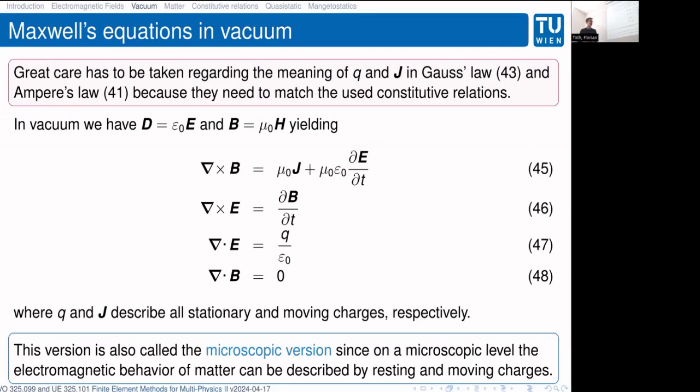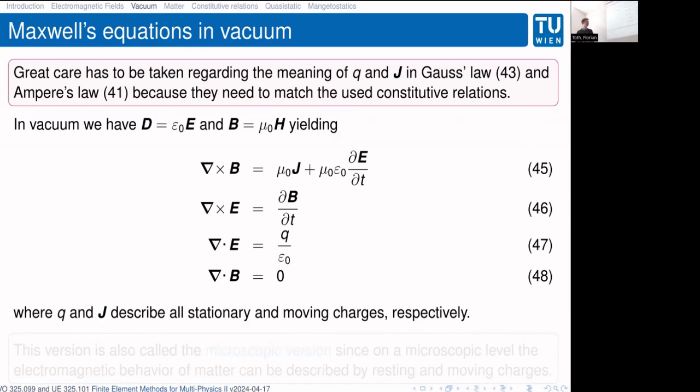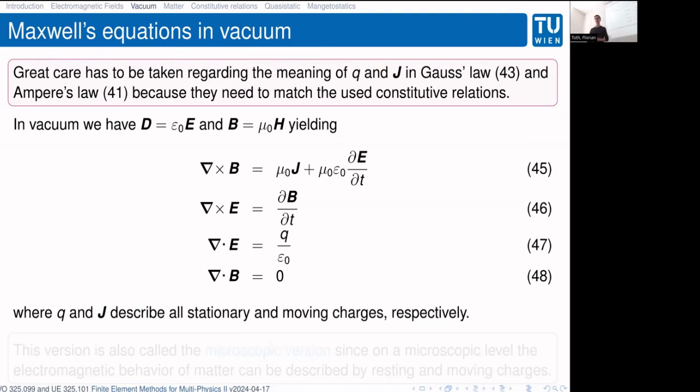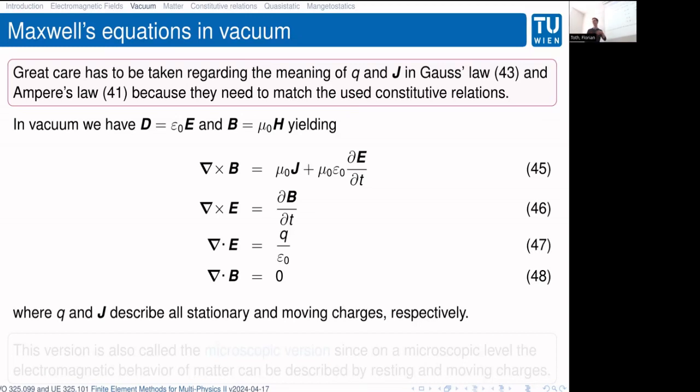Okay, now let's look at the simple case, the case of vacuum. I give a remark here. You have to be careful of the charge density Q and the current density J. They have different meaning in different formulations of the Maxwell equations.